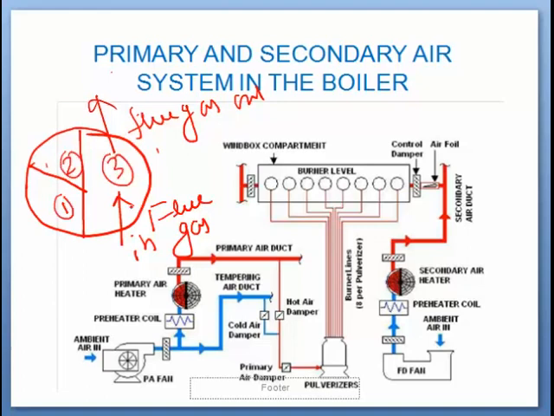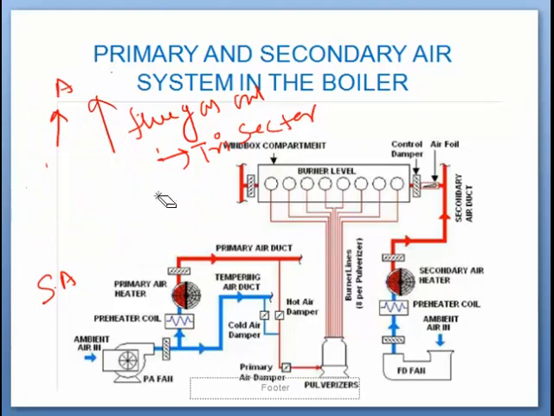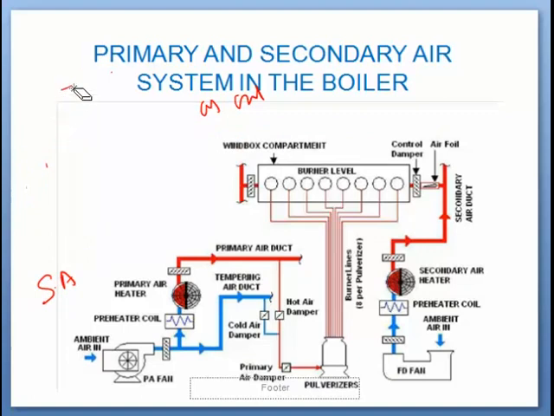The third one is for the flue gas, this is for the secondary air, and this is for the primary air. So this is the trisector arrangement, where in the same housing there will be three parts, one for the flue gas, one for primary air, one for secondary air.